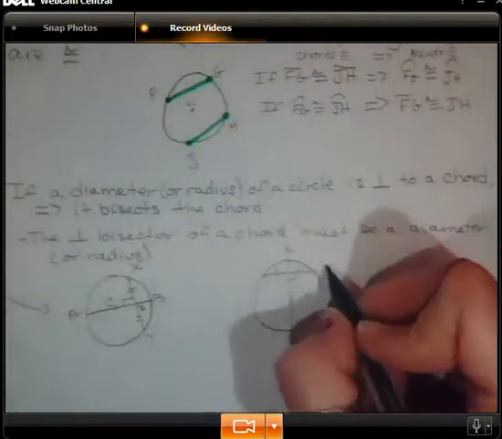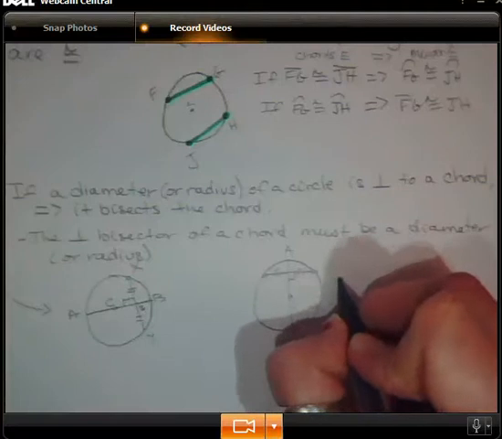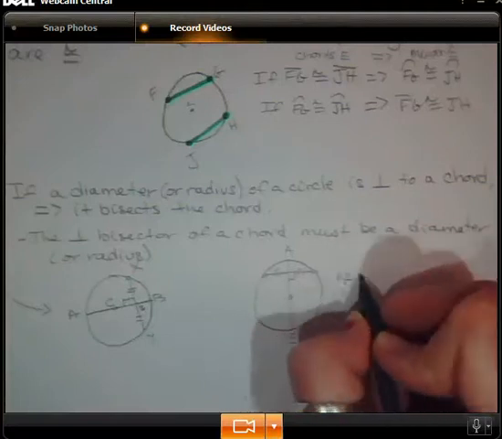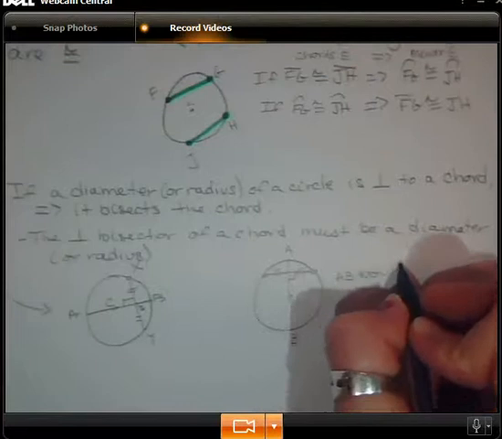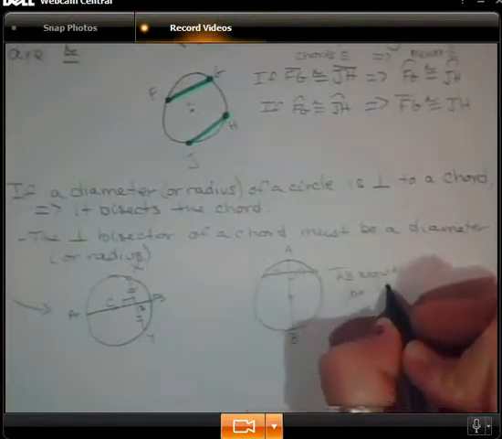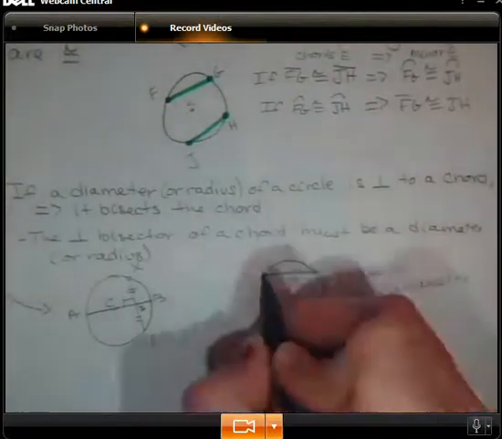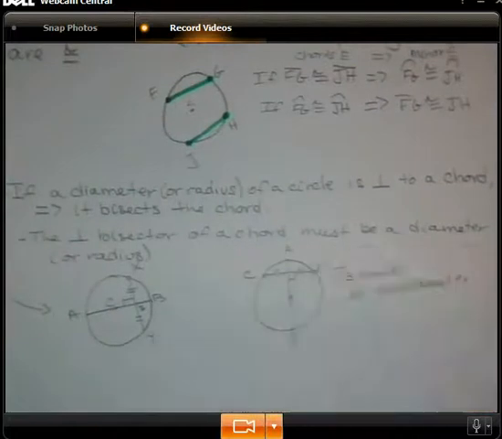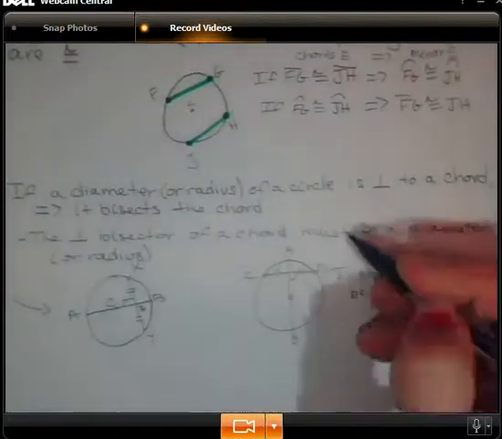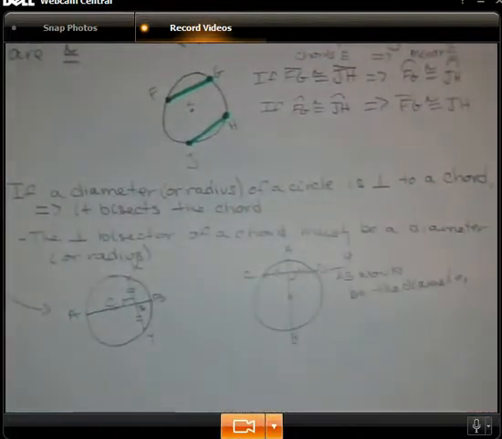Then I know that AB is a diameter. So this is the picture that goes with that particular one.